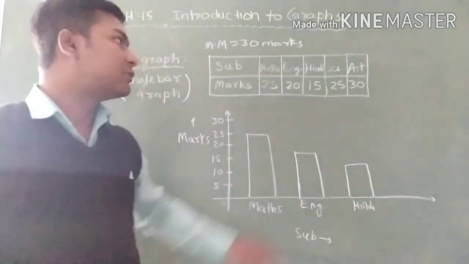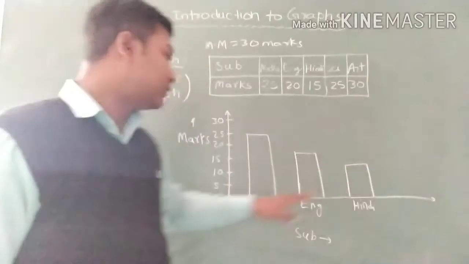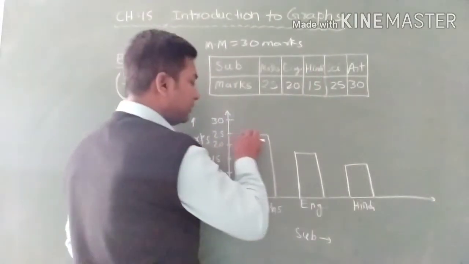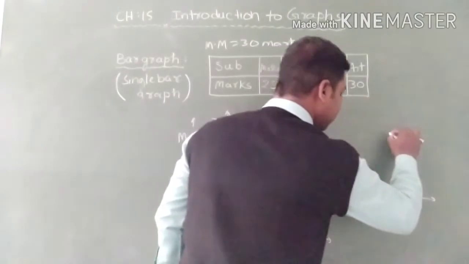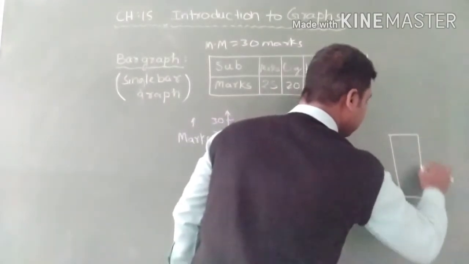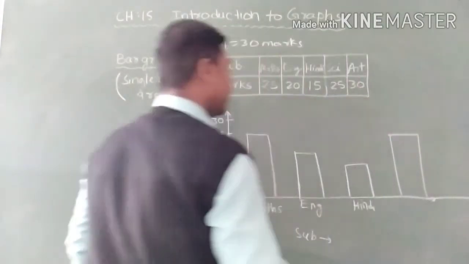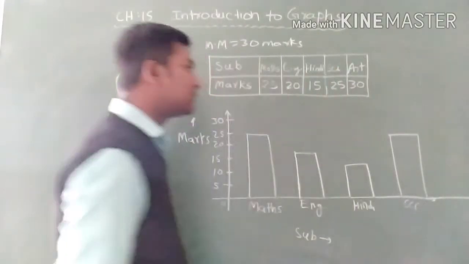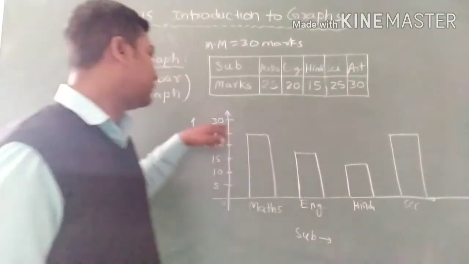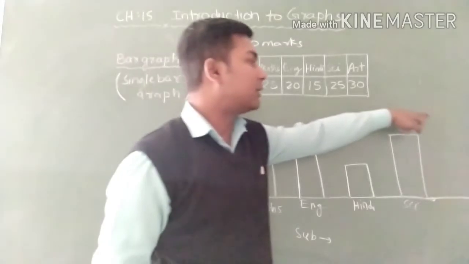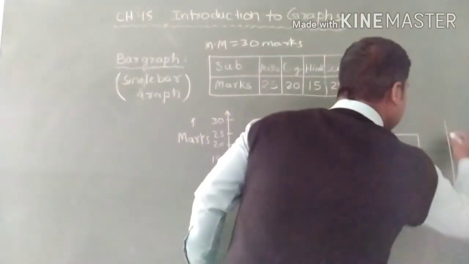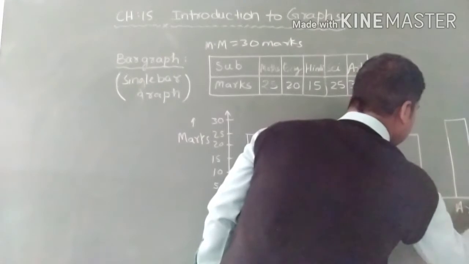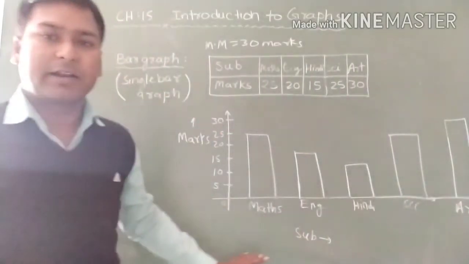Next, science is given 25, so draw a bar that goes up to 25. This is the science subject. Similarly, art is given 30, so the bar goes up to 30. This is the art subject.